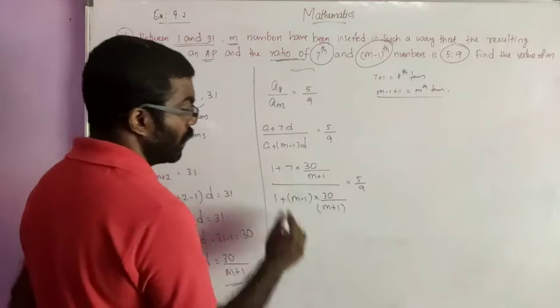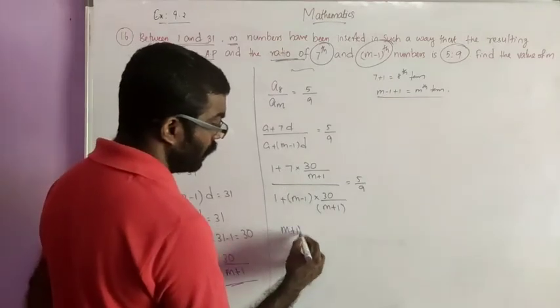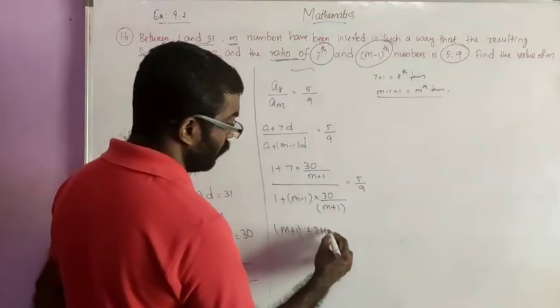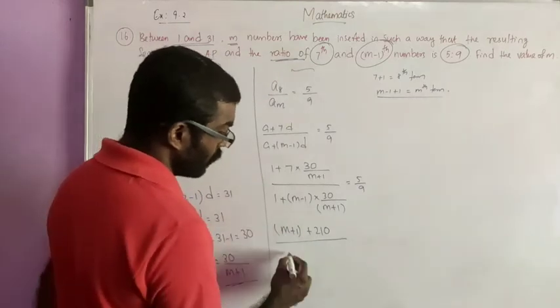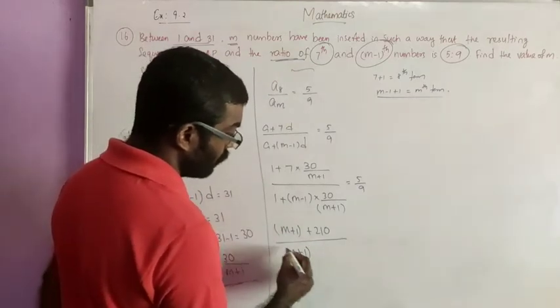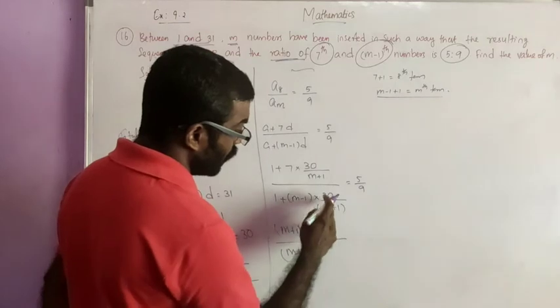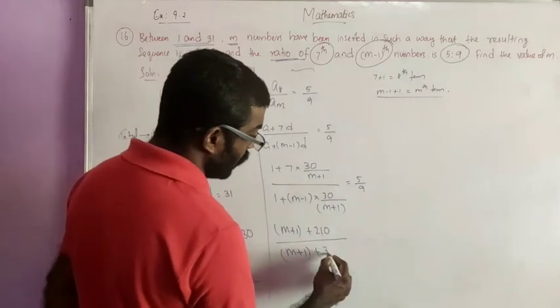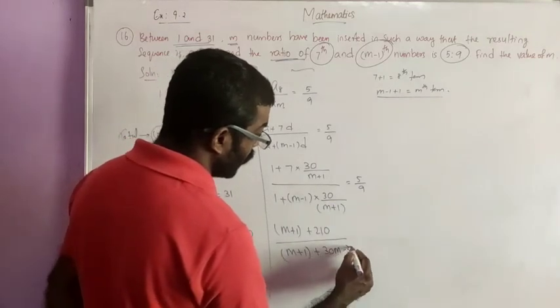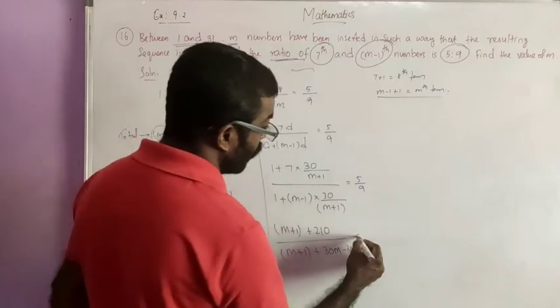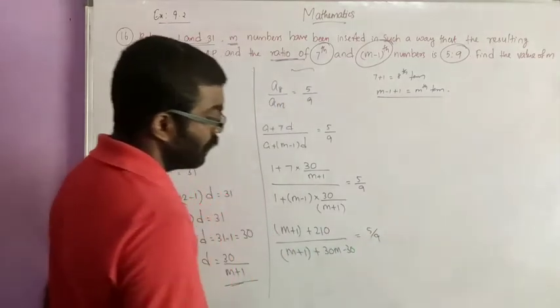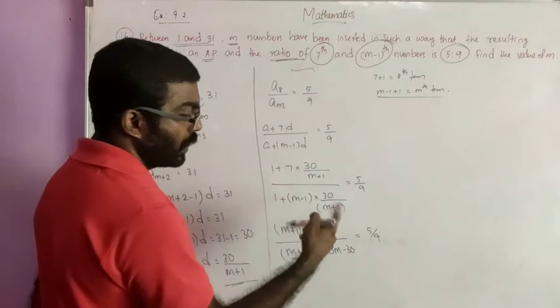Now we can cross multiply. 1 into m plus 1 gives m plus 1 plus 210, divided by 1 into m plus 1, which is m plus 1, then plus 30 into m minus 1, that is 30m minus 30, which is equal to 5/9. The m plus 1 in the denominators cancels.